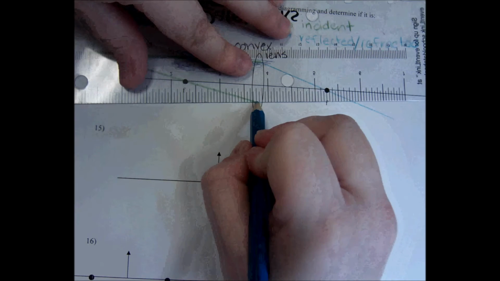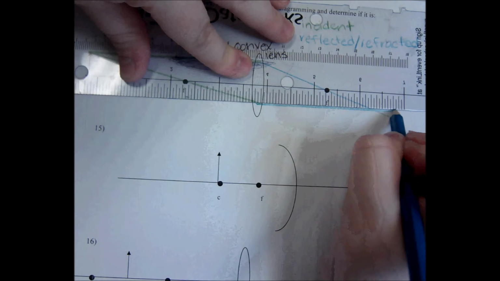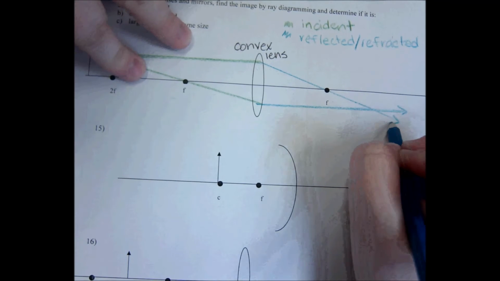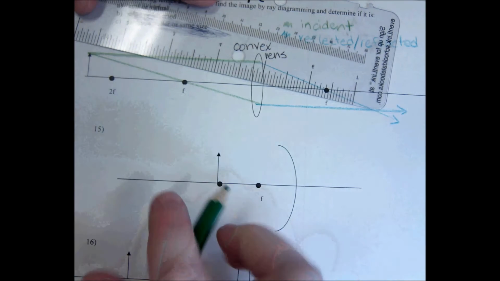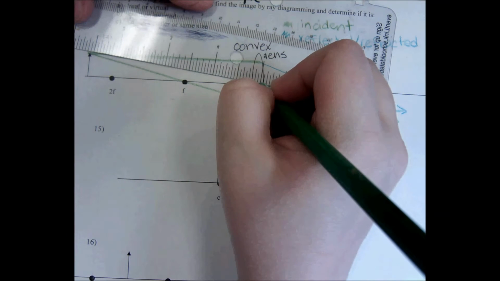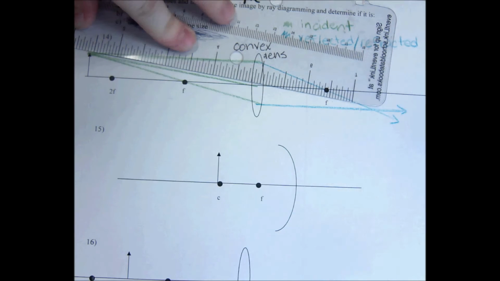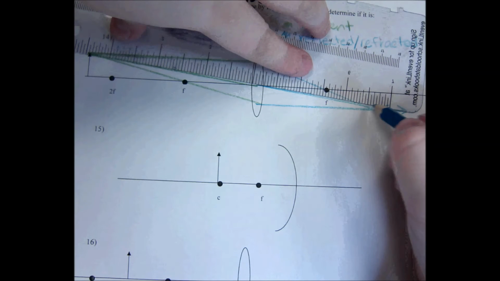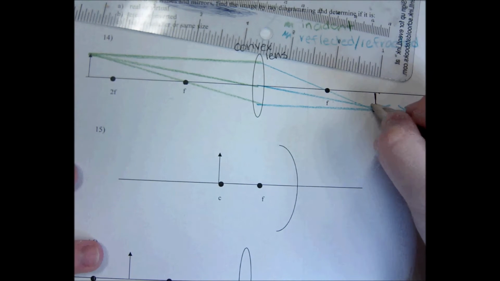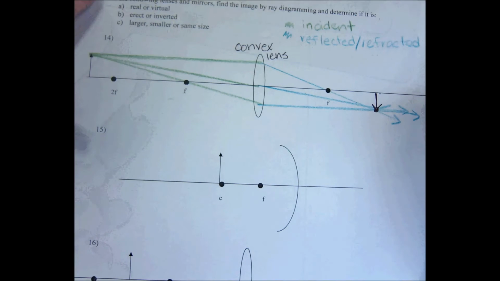And then straighten out to go parallel. The last line is always the easiest. You don't even have to draw the last line, but it's so easy for lenses that I usually do. It's just a straight line. We have a pretty clear intersection right here. Remember that you always draw from the intersection to the axis, and that the point of intersection is always the tip of the arrow.